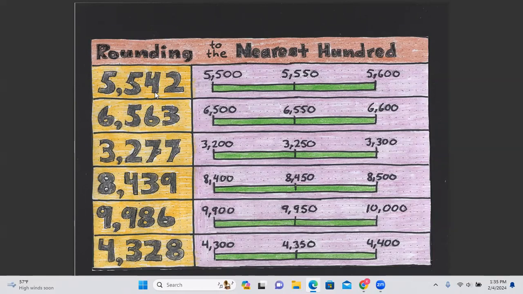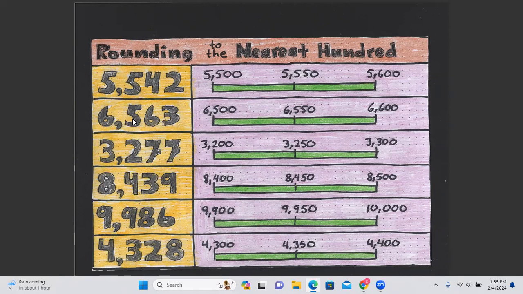And we notice that the 4 right here, which is next to 5, which is in the hundreds position, is less than 5. So because it's less than 5, that means that 542 of the 5,542 must be in this section right here, which means that we're going to round 5,542 back to 5,500.